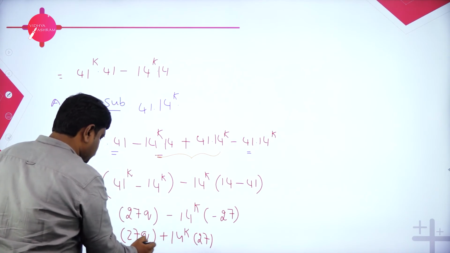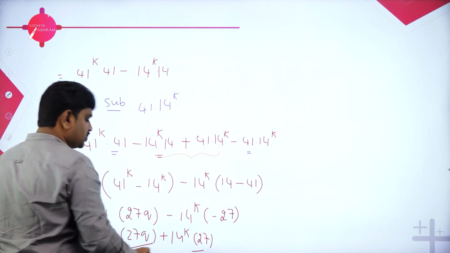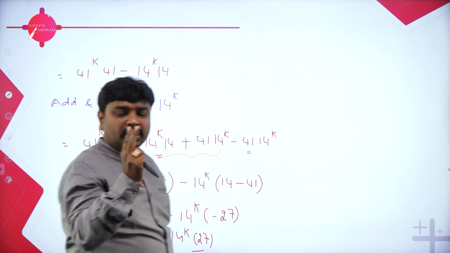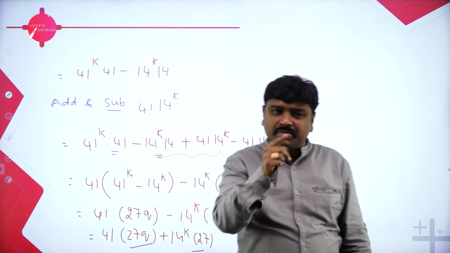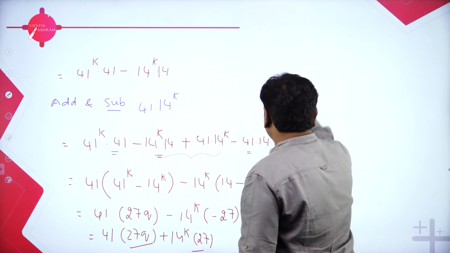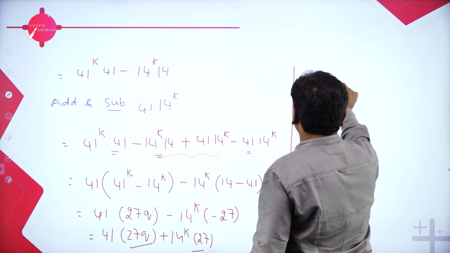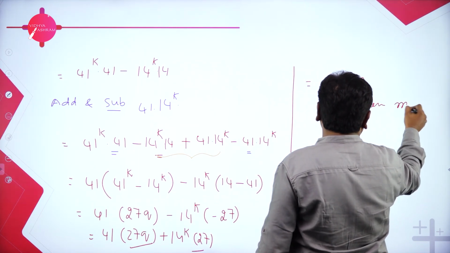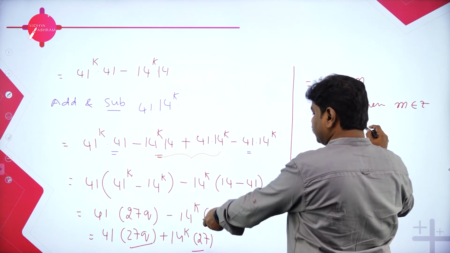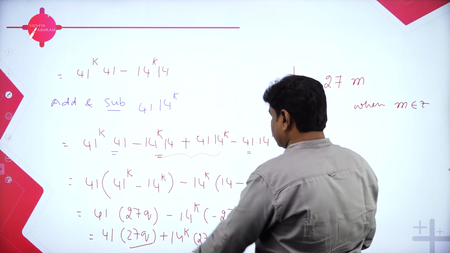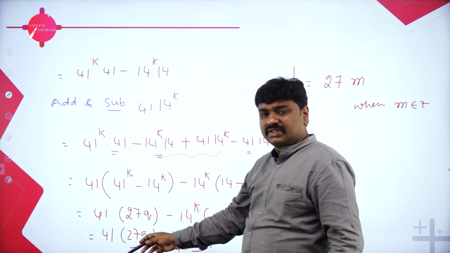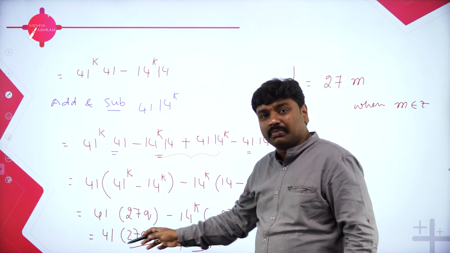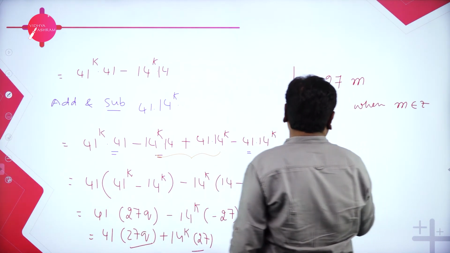See, the first term is a multiple of 27, the second term is a multiple of 27. If two numbers are multiples of 27, their sum is also a multiple of 27. I can write this whole thing as 27 times some m, where m belongs to integers and m is whatever we have taken common. So this is a multiple of 27, this is a multiple of 27, and the sum of two numbers is also a multiple of 27.